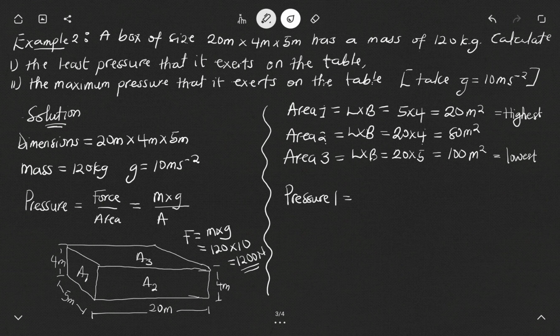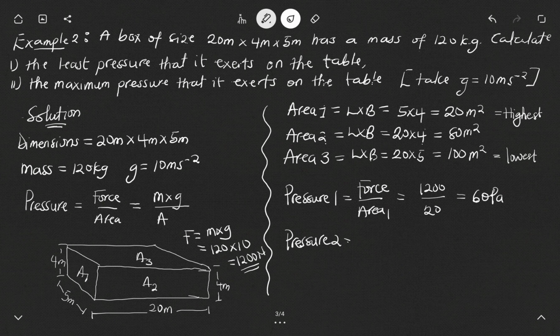Right, so our pressure 1 will be force over area 1, and that will be equal to 1200 over 20. The 0 cancels, leaving 120. 2 will go into 120 60 times, so we have 60 pascal as our pressure 1. Now let's look at pressure 2.